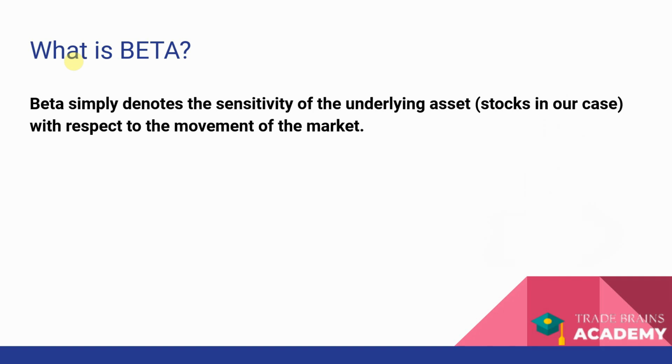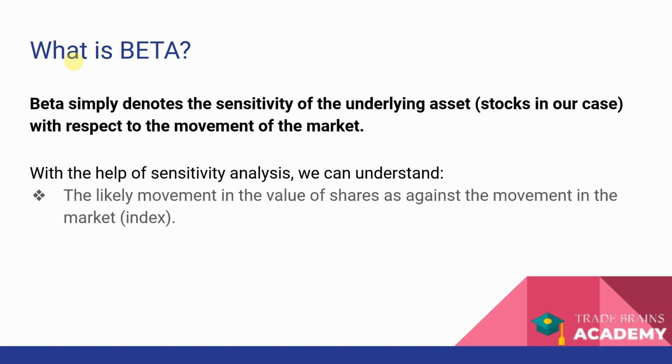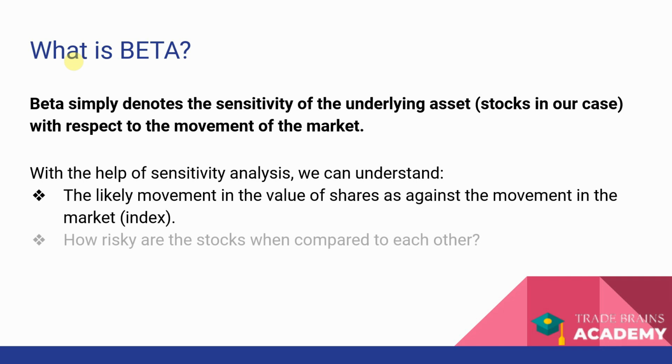To put it in simple words, if the share market is moving up by a certain percentage, how does it impact the share price? That is what beta does. Beta gives you a calculation to find the correlation between the index and the stocks of the company. As I've already mentioned, beta denotes the likely movement in the value of shares as against the movement in the market or index, and it also tells the correlation between stocks.